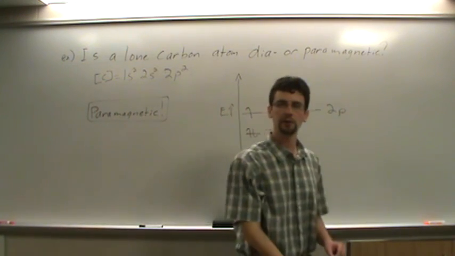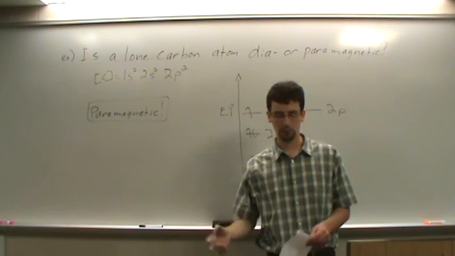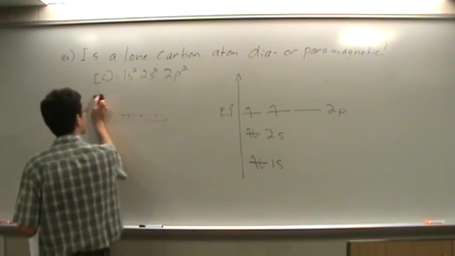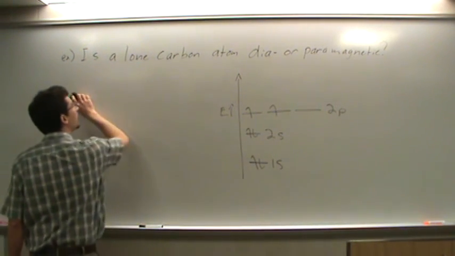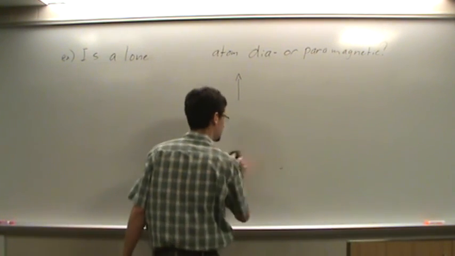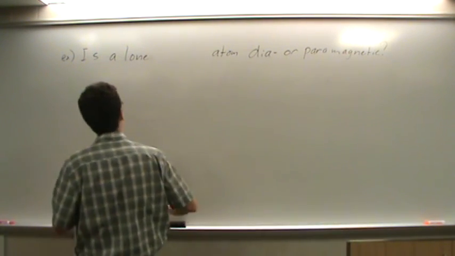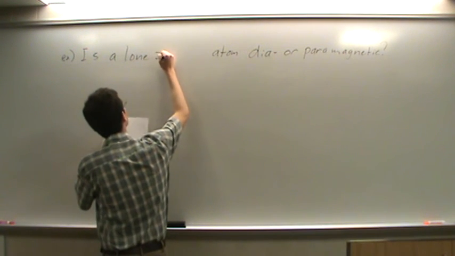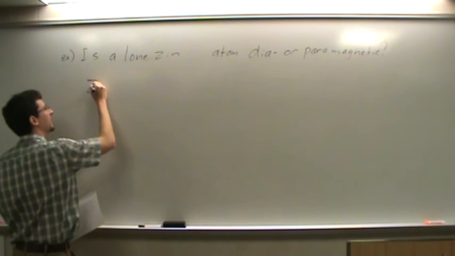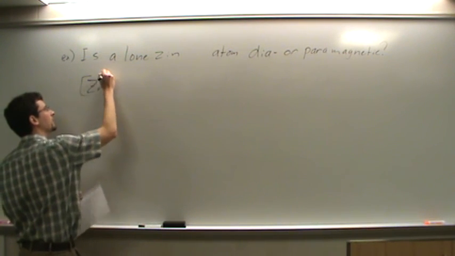Let's consider another example, a more tough example, where we're looking at zinc in this case. So we're going to ask the exact same question, except we're just going to change a lone carbon atom to a lone zinc atom. So let's write the condensed electron configuration for zinc.